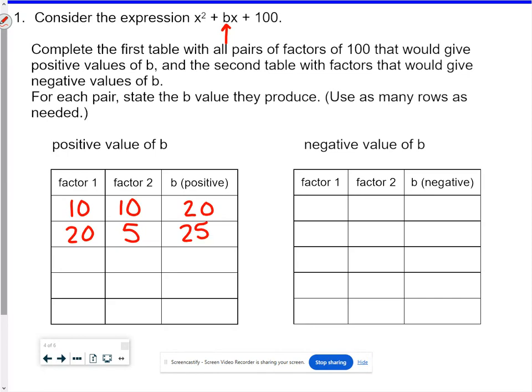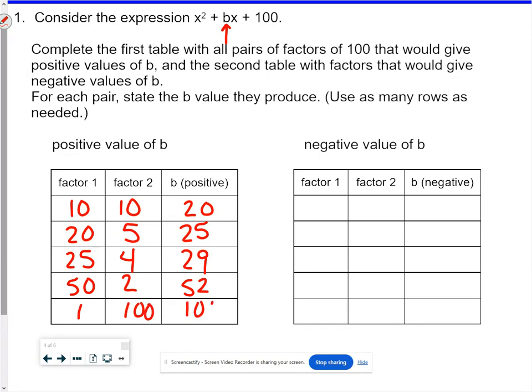I could also use, how about 25 and 4? The sum of those would be 29. And then I could also use, let's go 50 and 2 to give me 52. And let's go with 1 times 100.